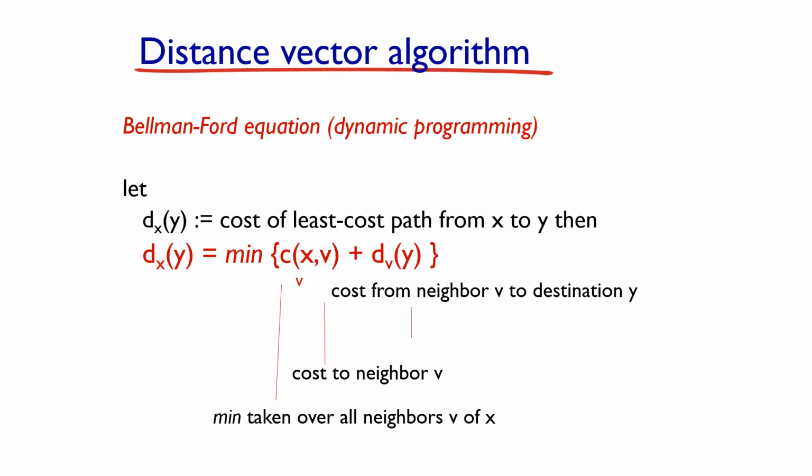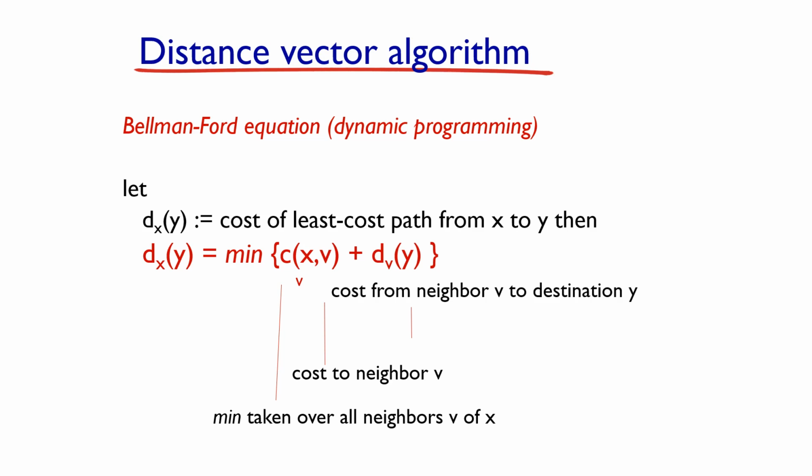To reach from x to y, there will be multiple neighbors of x, and for every neighbor we calculate the cost of x comma v. Then it is added with the cost of v to y. Y is the final destination and v is the intermediate node.